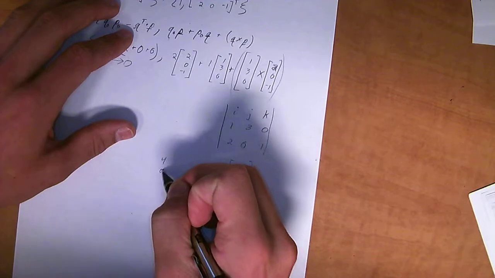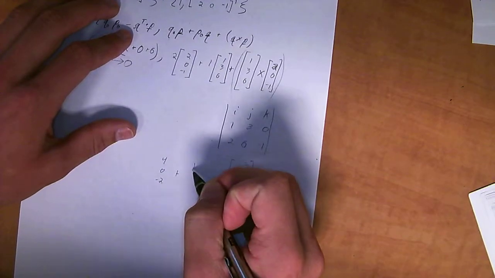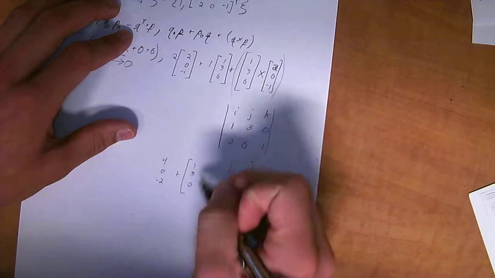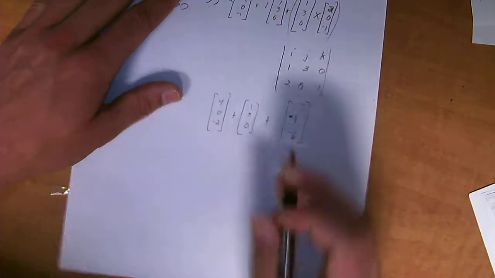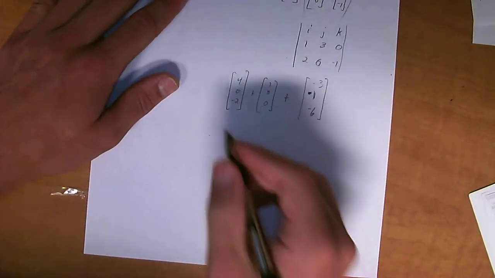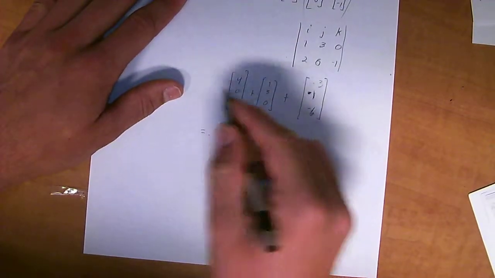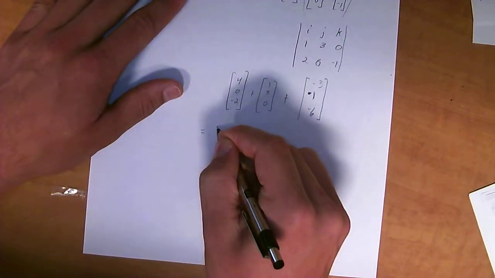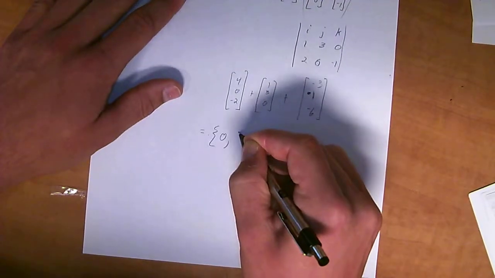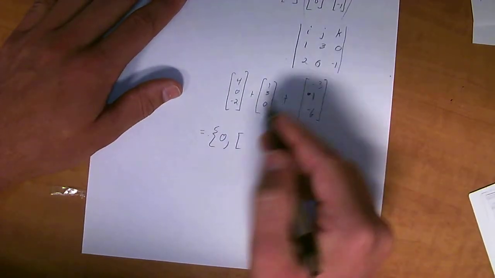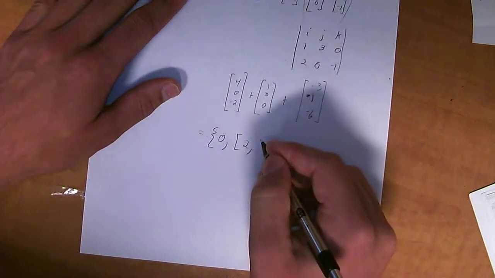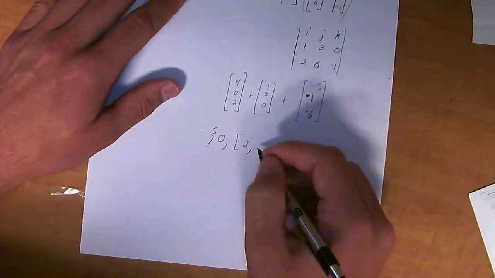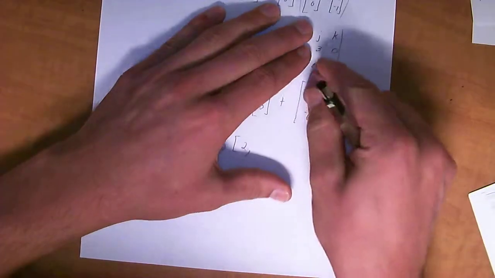And then this one turns into 4, 0, -2, plus 1, 3, 0, plus the cross product vector. And then this all will end up equaling, if you add these straight across, vector addition. Sorry, I messed up with this one up here.